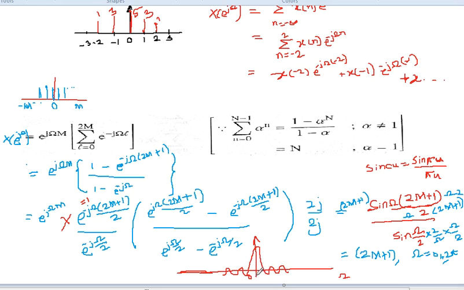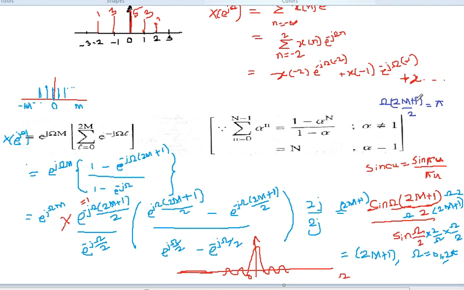It is a 0. Then its first value, the first zero crossing, will happen when omega times (2m plus 1) divided by 2 is equal to pi.